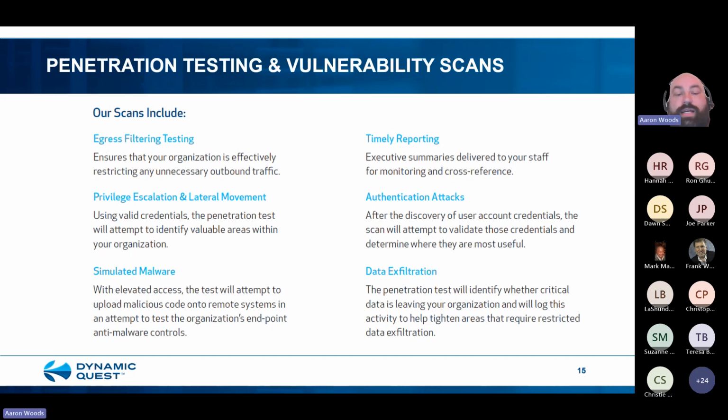With elevated access, we're able to test the controls of the organization when it comes to endpoint detection. So the antivirus that's installed, if we simulate a malware incident, will the endpoint detection be able to stop it?